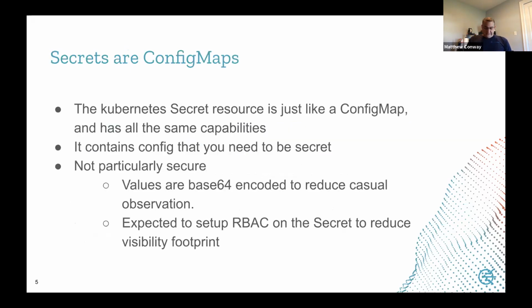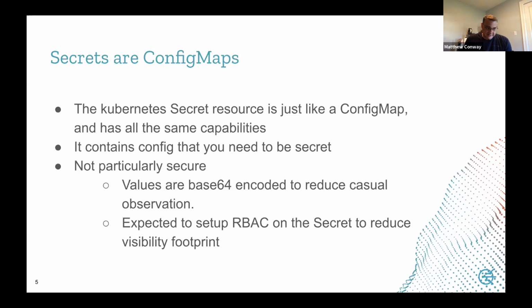So one other piece of information that not everybody realizes is that secrets are just config maps in the Kubernetes world. They're slightly different. You can kind of say they're more of a superset of config map than anything else, because they have all the same capabilities, and they have similar goals.